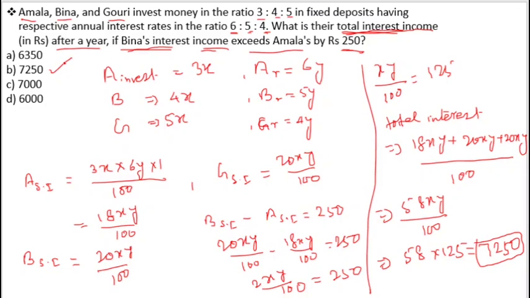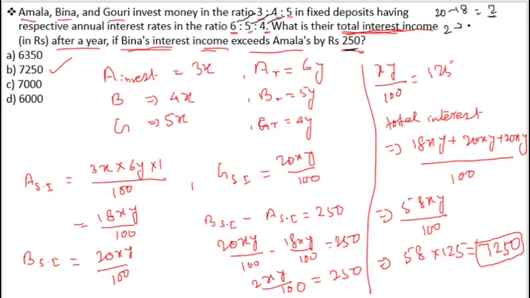I hope this is clear, but we can solve these questions in a much easier way. See, directly you can do 6 into 3 is 18, 5 into 4 is 20, and this is 4 into 5. Ultimately we are doing the same thing. So 20 minus 18 is 2, that is the difference, and that is given as 250.